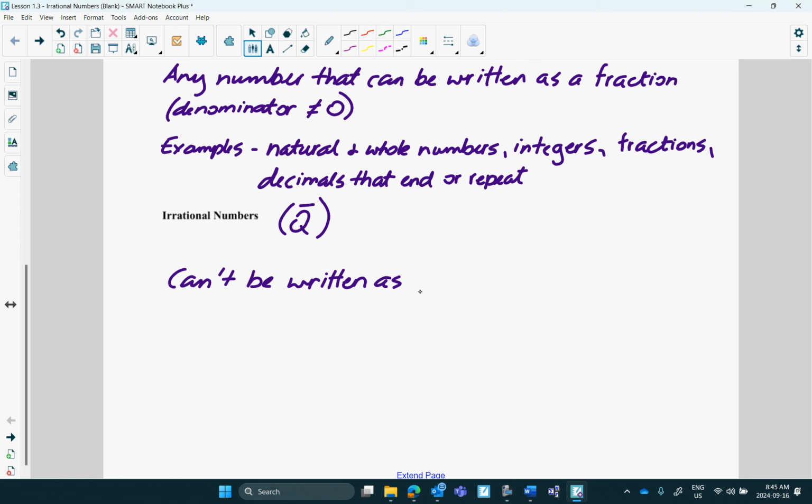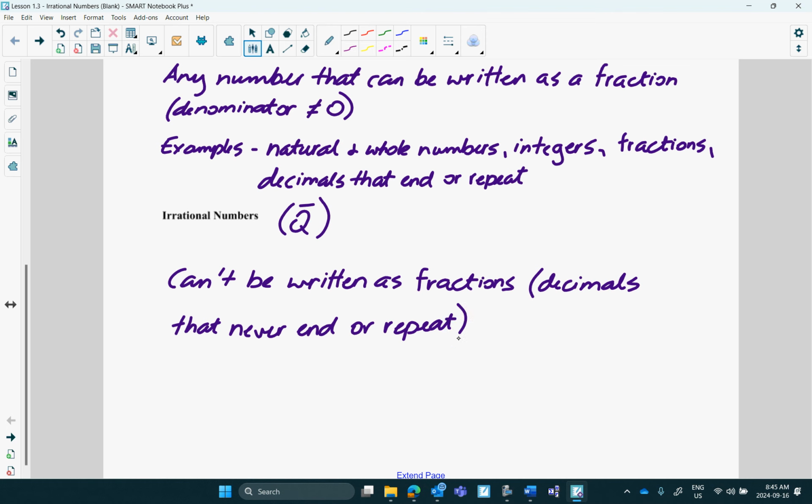So really what you're thinking of are decimals that never end or never repeat. You should be able to think of a number that never repeats or never ends.